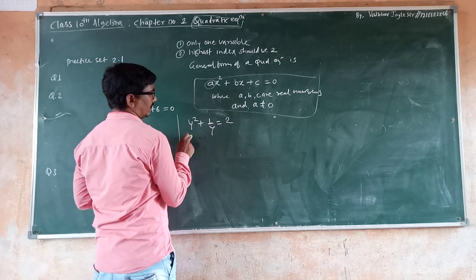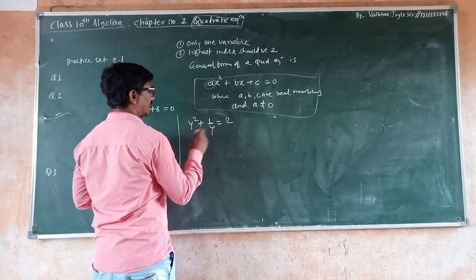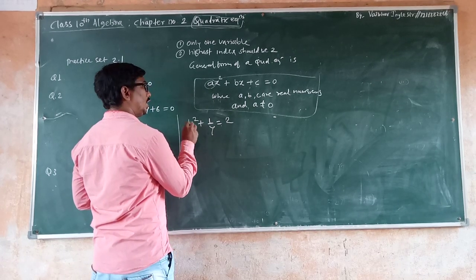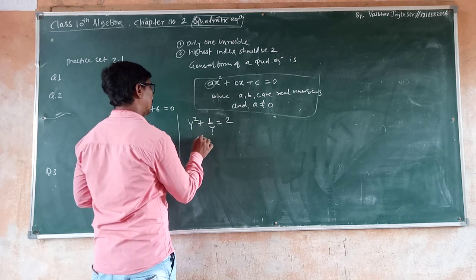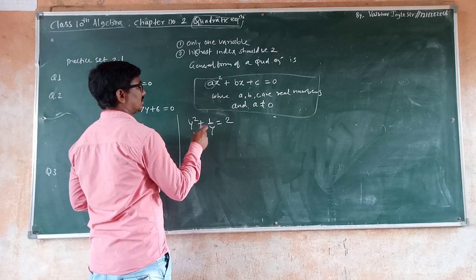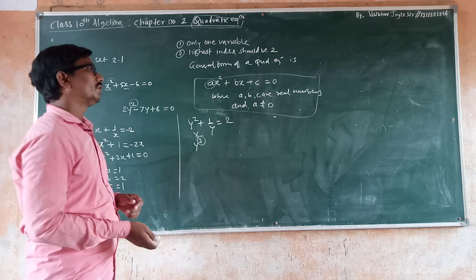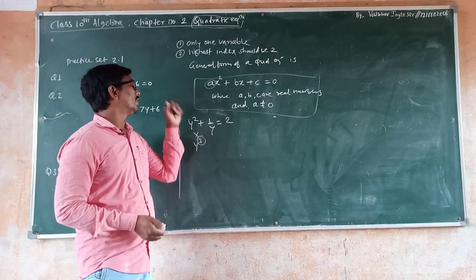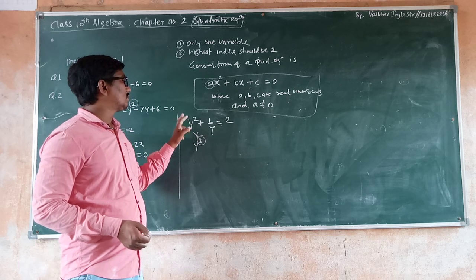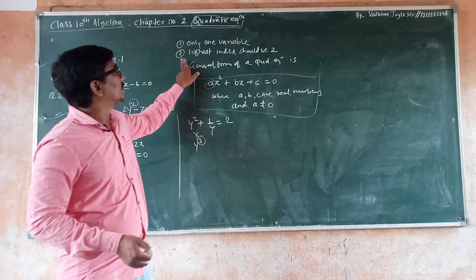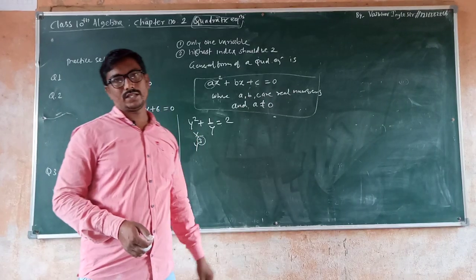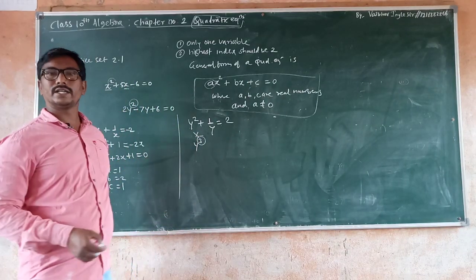Now if you multiply by y on both sides, you will get y into y square, so it will become y cube. After converting, this equation will not be a quadratic equation, because y square into y becomes y cube, and this will not satisfy the second condition of the quadratic equation, so it will not be a quadratic equation.